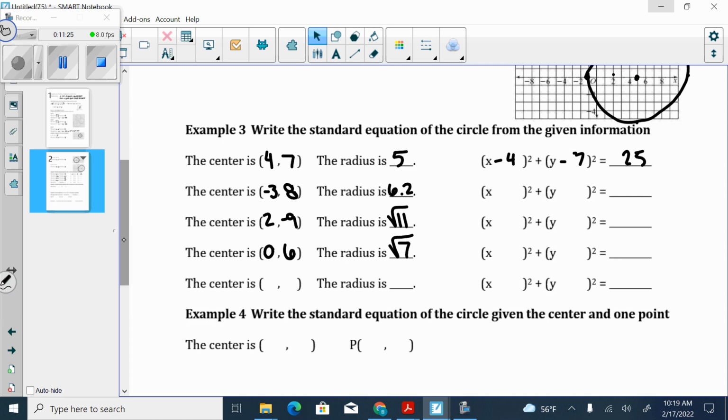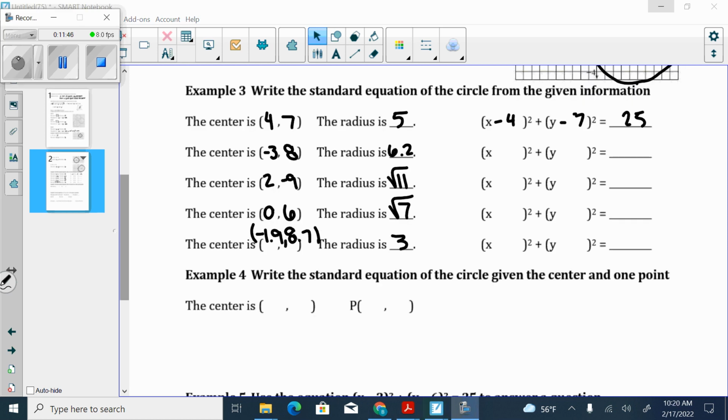And then your last one is -1.9, 8.7. Sorry, I couldn't put that in there, so I wrote it above it. And your radius is going to be 3. Okay, I'll give you guys a second to fill in what those equations should be, and we'll check in just a minute.